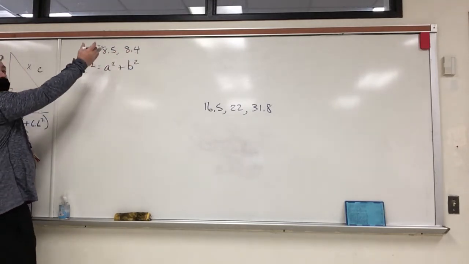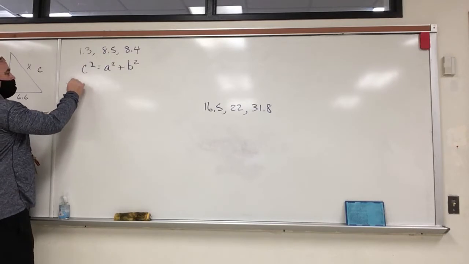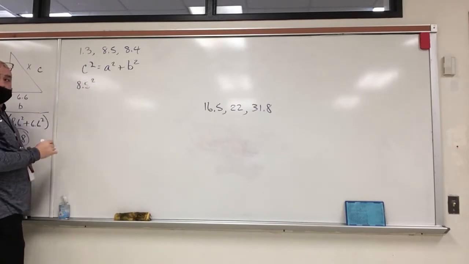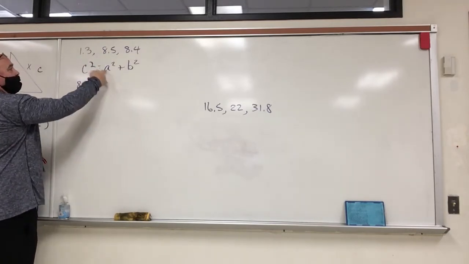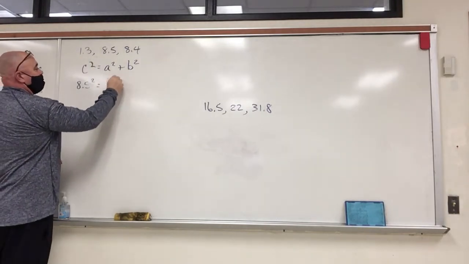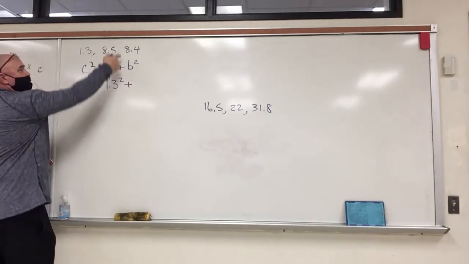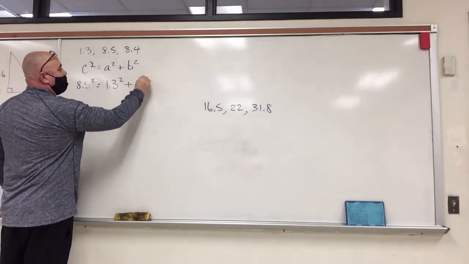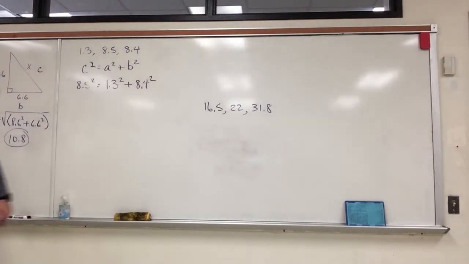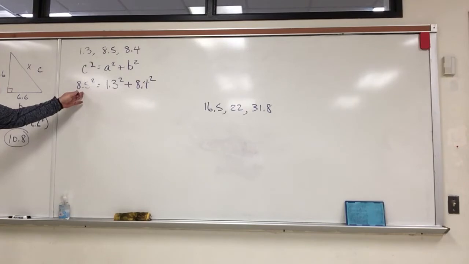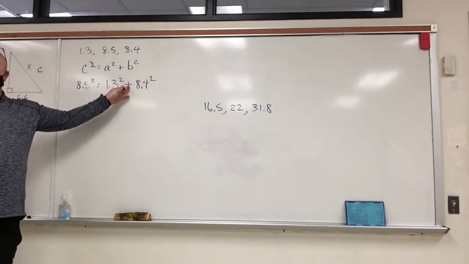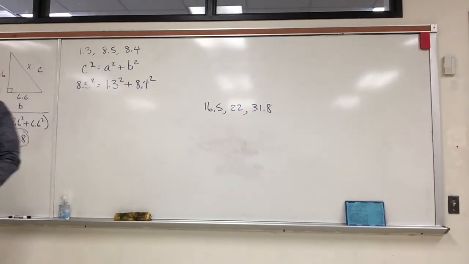I'm going to take these numbers and plug them in. What's C here? 8.5. 8.5 squared equals A, we'll just use 1.3 squared plus 8.4 squared. Now here's what's going to happen. I'm going to find out what that equals, and what that equals, and if those two sides are equal to each other, I have a right triangle. If those two don't equal each other, I don't have a right triangle.